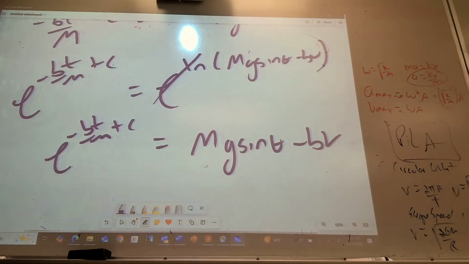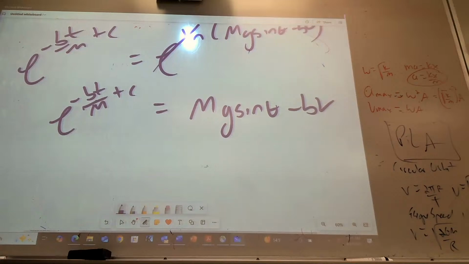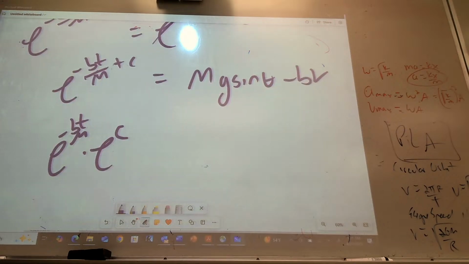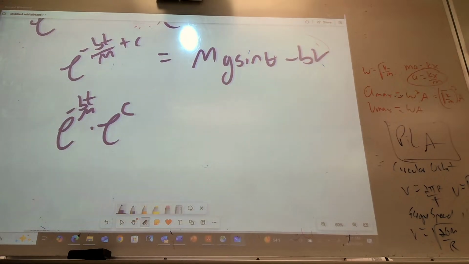Okay, now we have another problem here. We have this C. So what I'm going to do, and this is what we do every time, I'm going to write this as E to the minus bt over m times E to the C. Remember how E to the 2 plus 3, we can write as E to the 2 times E to the 3. Okay, so E to the C is just a constant. So I'm basically pulling out the constant.